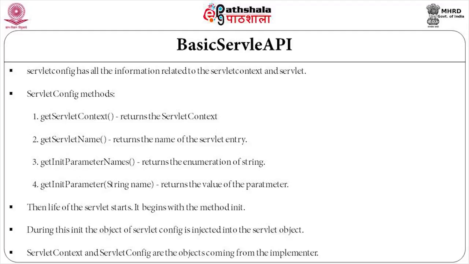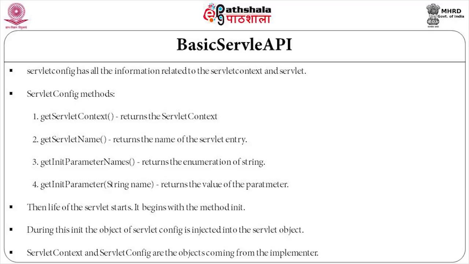One is getServletContext, the servlet context which is common and corresponds to our web application. We have getServletName, the name of the servlet object that is going to be created. We have getInitParameterNames and getInitParameter, the value being available given a parameter. These are the methods we have in servlet config.